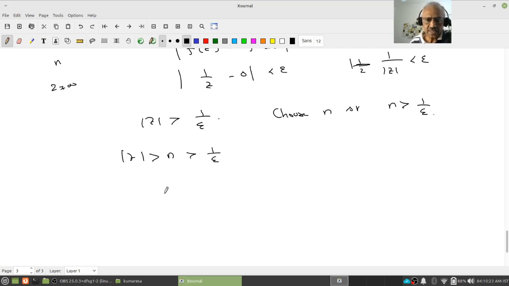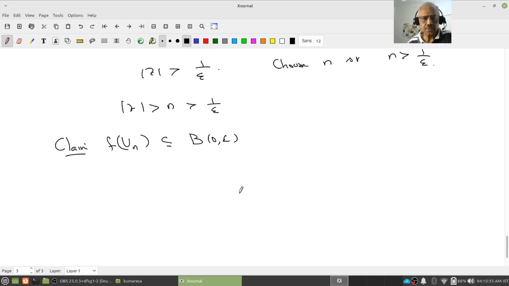You understand? So what is our U_n? We are going to claim f of U_n is contained in B(0, epsilon). That will prove continuity of f at infinity. So let's take z in U_n and z not equal to infinity. As I said, when z is infinity, f(infinity) minus 0 will be 0, so I have nothing to prove.